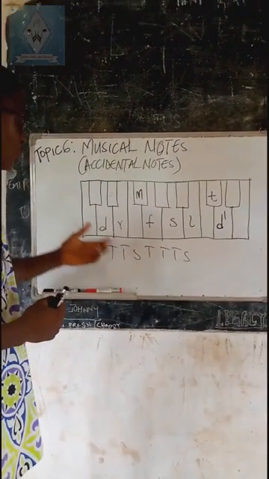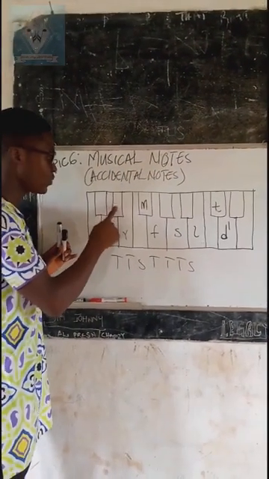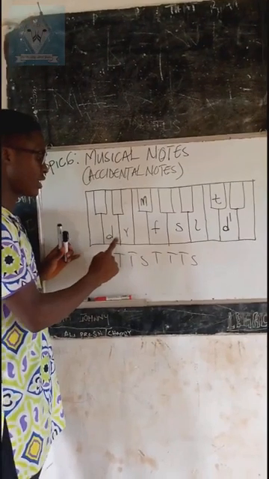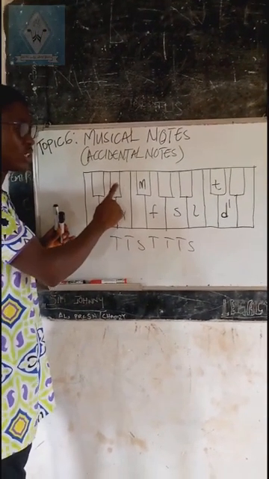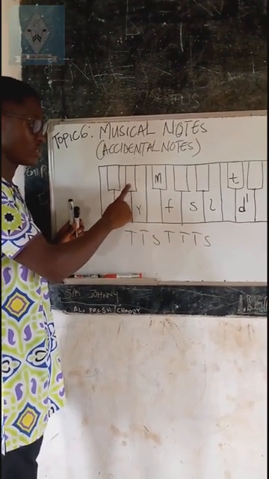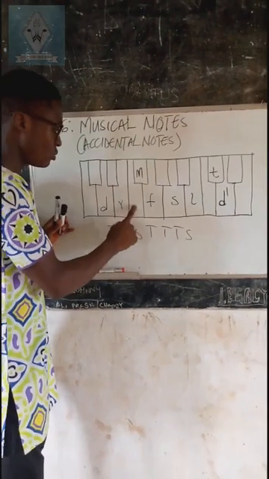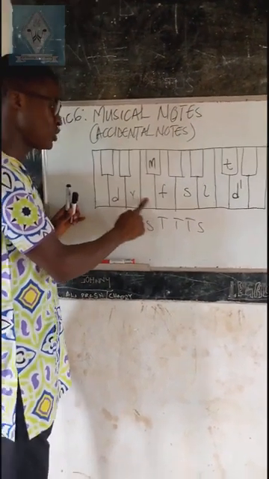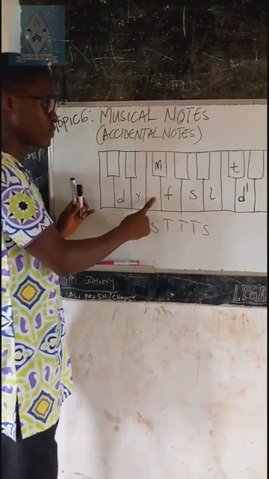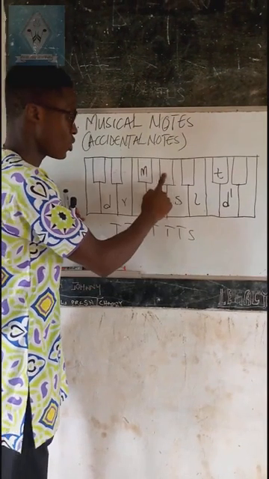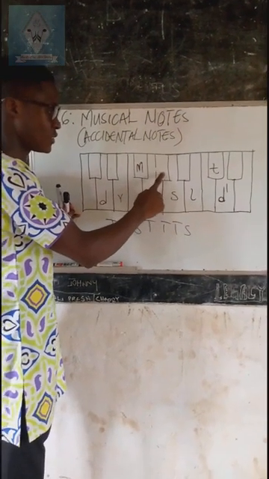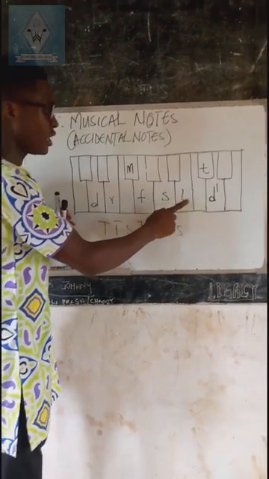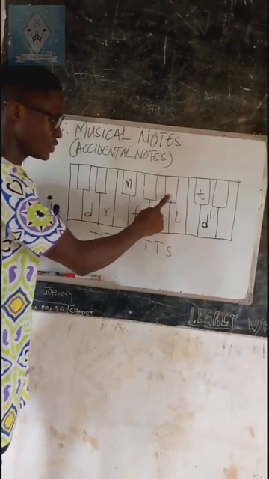Now, from observation, you see that the key between do and re is left without any note. There is no note there. Now, the key between re and mi has no note on it. The key between fa and so has no note on it. The key between so and la has no note on it.